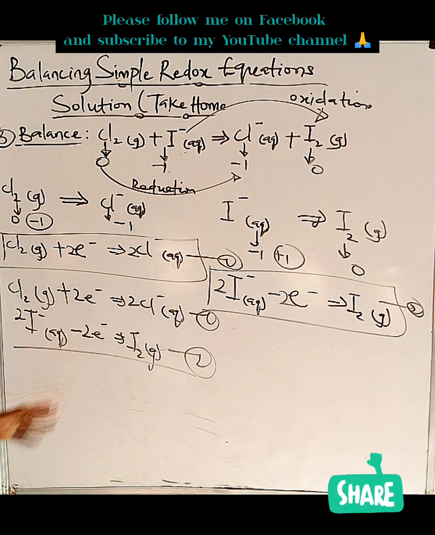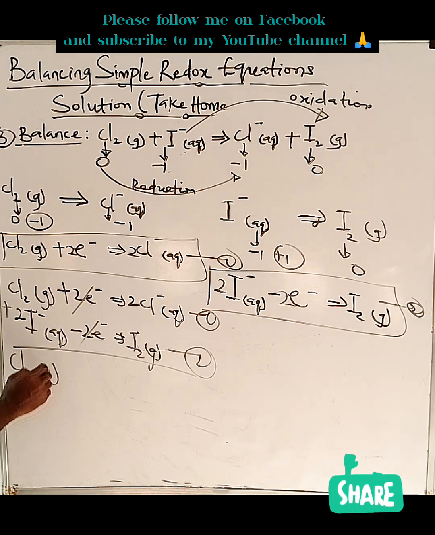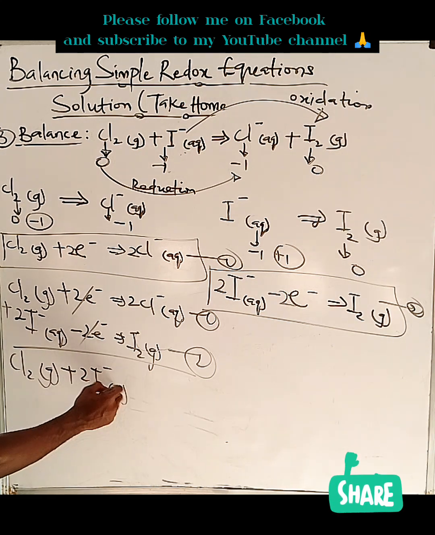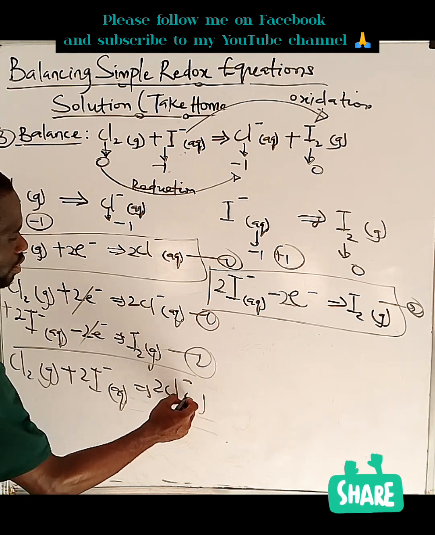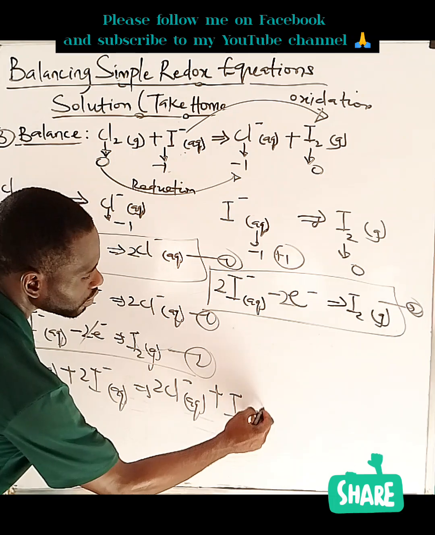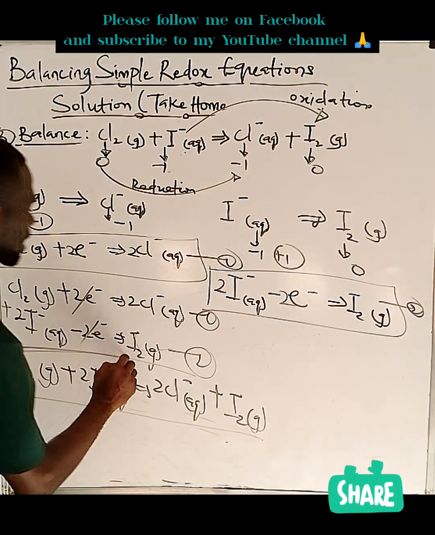The electrons are balanced already, so everything is well set out. Plus and minus, minus, then we add. This takes out this. You have chlorine gas plus 2 iodine aqueous equals 2 chlorine aqueous plus 1 molecule of iodine. So we're done. We've balanced this also.